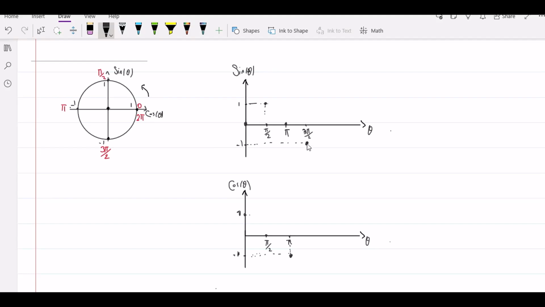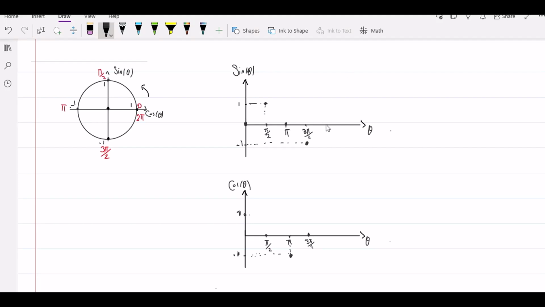So we have this point in here, and for this one, we also name it 3 pi over 2, which, as you see here, is on the y-axis, so the x value would be equal to 0.